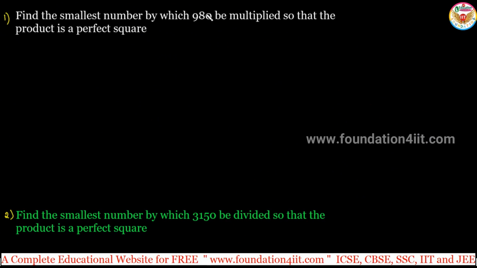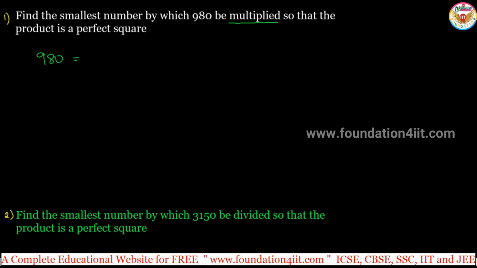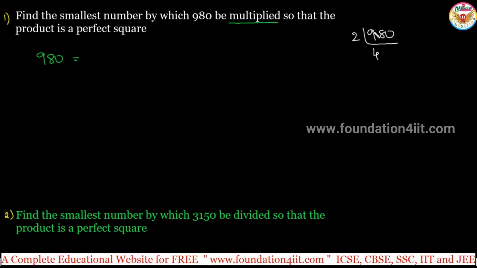980 is not a perfect square now, but what is the smallest number that should be multiplied to make it a perfect square? For that, we'll write 980 as a product of prime numbers. 980, take the 2 table: 2 4s are 8, 9, 0.